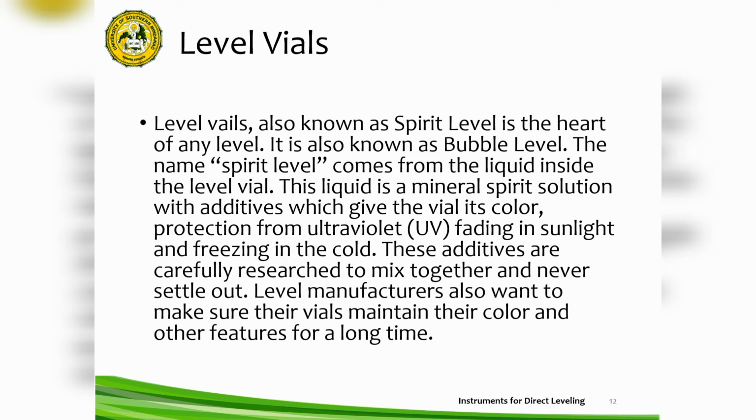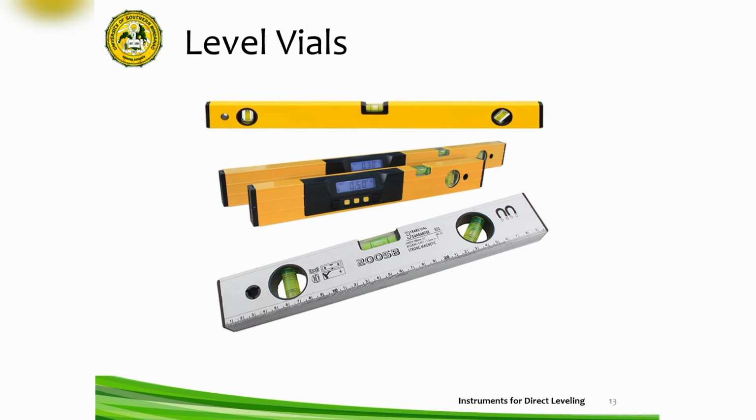These additives are carefully researched to mix together and never settle out. Level manufacturers also want to make sure that their vials maintain their color and other features for a long time. So this is what level vials look like.